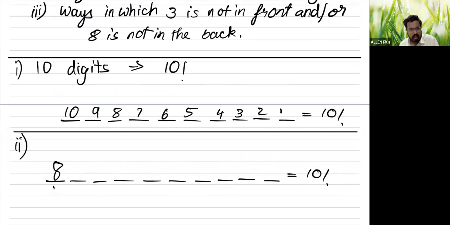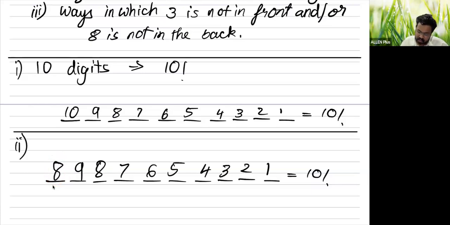Second slot onwards, there will be one less possibility. For the second slot, one of the numbers has been used in the leading position. So the second slot will have 9 choices, then 8, then 7, then 6, then 5, 4, 3, 2, 1, as it was done in the first part.